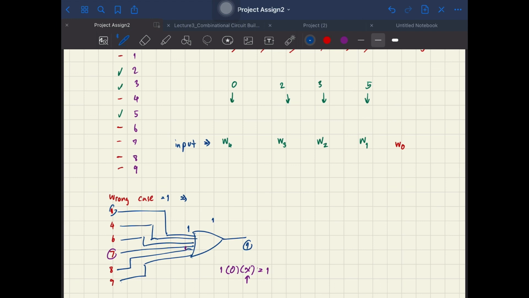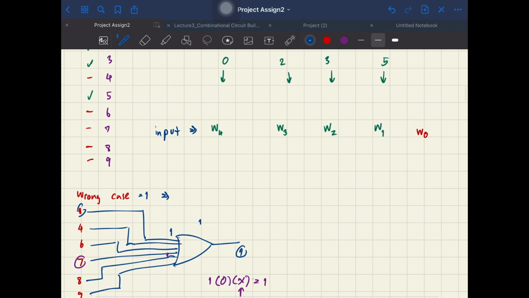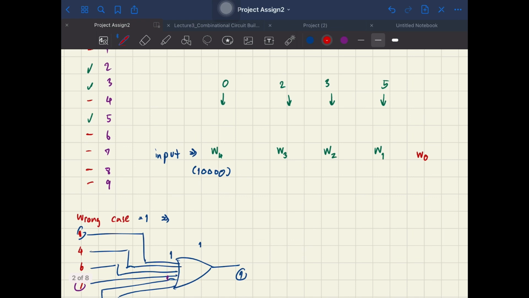So how do I represent that I press the 0 button? If I press the 0 button, I will give it as 1, 0, 0, 0, 0, right? Because if you put these inputs together as W4, W3, W2, W1, W0 for analysis, if I want to mean that my 0 button is pressed, the first bit will be 1, right?